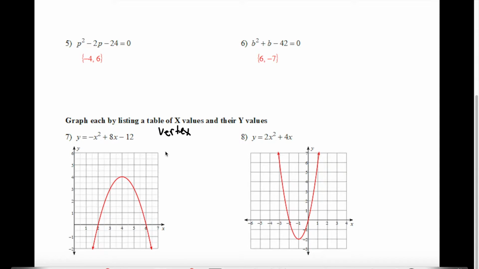So let's find the x value first, which will be -b over 2a. That's going to be negative, put our parentheses, 2 in parentheses. Okay, so in this case, our A is -1, our B is 8, and our C is -12.